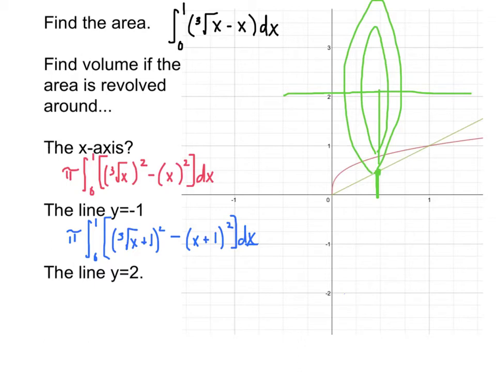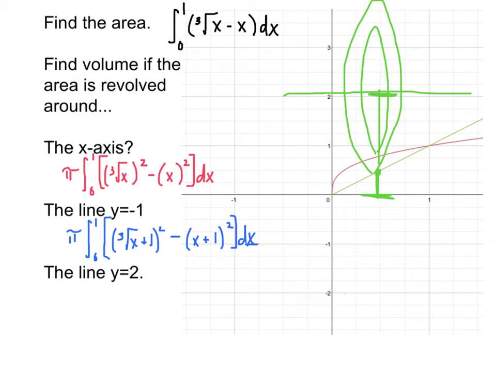So if the whole distance from the line to the axis is 2, I'd find the distance from the function to the line by subtracting: 2 minus the cube root of x and 2 minus x.